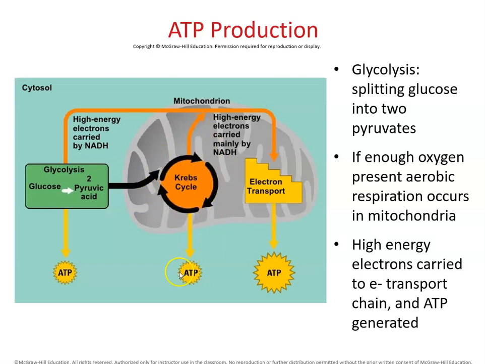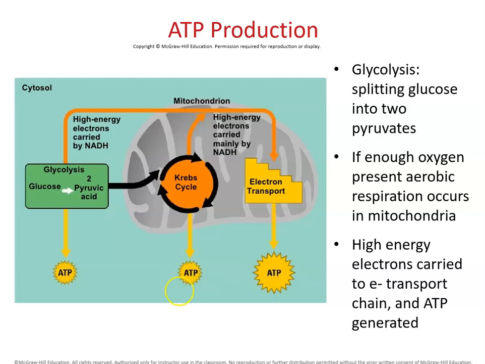Glycolysis spits out a little ATP, and the Krebs cycle spits out a little bit of ATP, but the big product of the Krebs cycle is high energy electrons that get carried to something called the electron transport chain. And the electron transport chain is a series of reactions that are decreasing the electron's energy and harnessing that energy to produce ATP. Now, that was the 30-second, very simplistic version of the story.